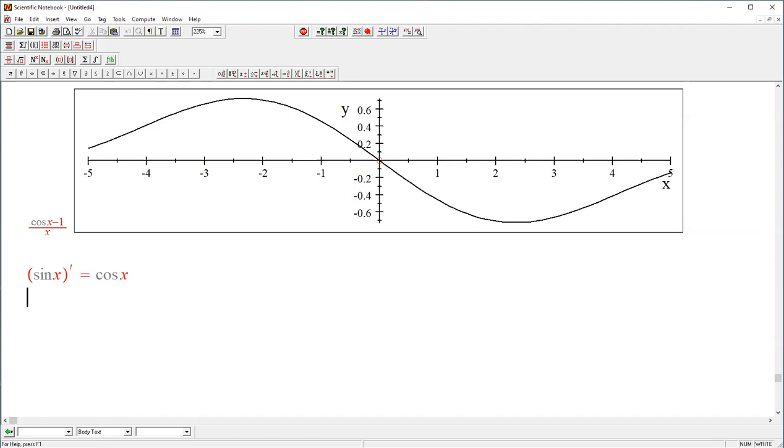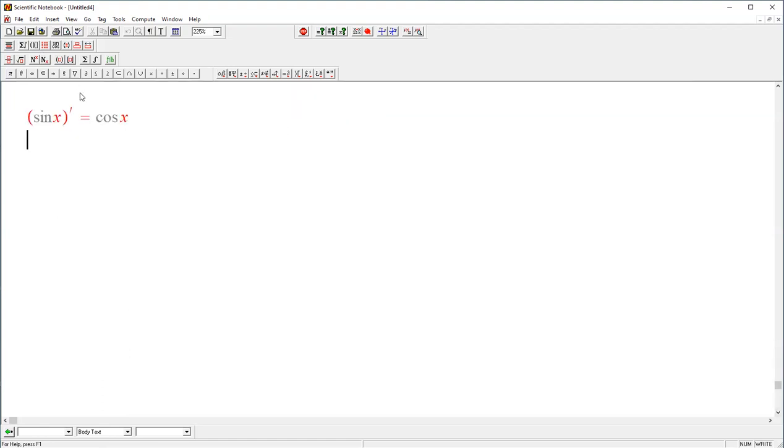So we're going to prove that in this lesson. Now we have a function f of x equals sine x, and we want to find its derivative.